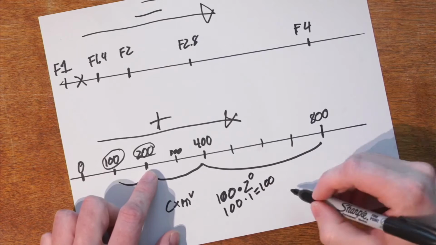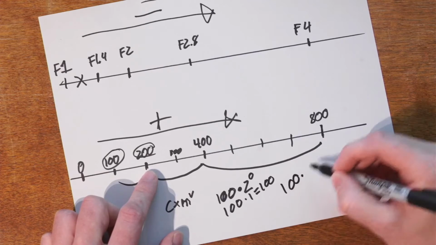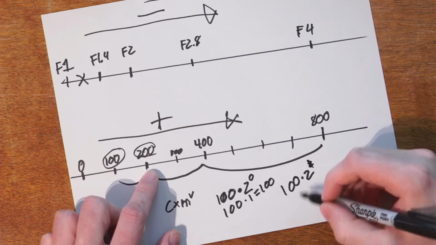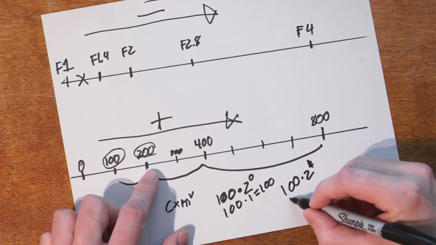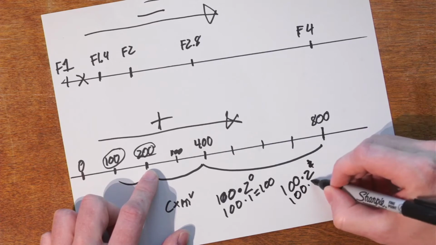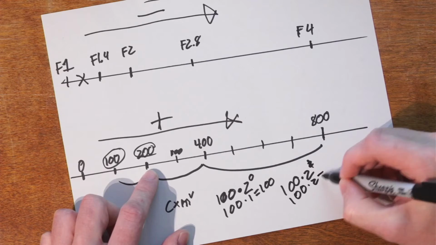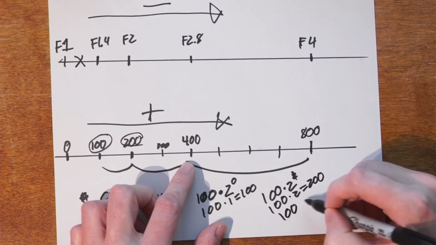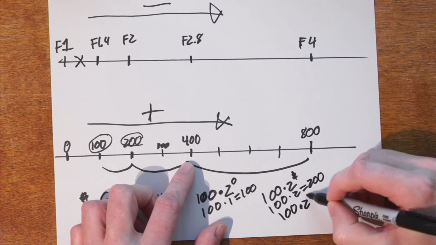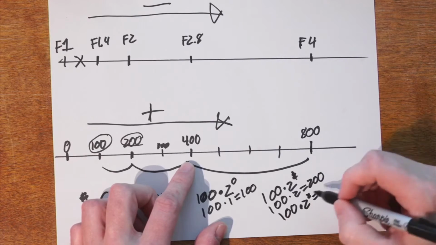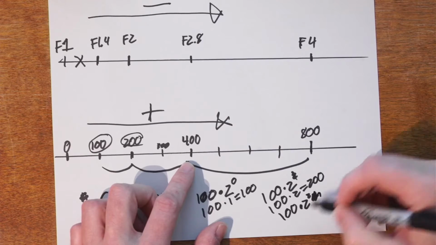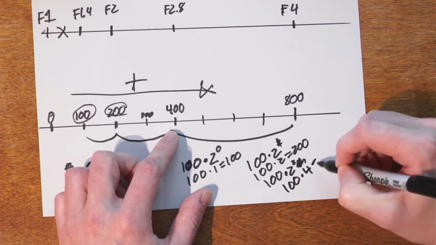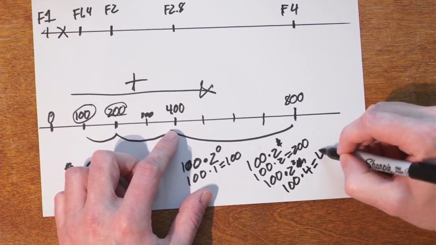Then if we go 100 times 2 to the first, we get 100 times 2, and that gives us 200. Now we go 100 times 2 to the second, that gives us 100 times 4 equals 400.